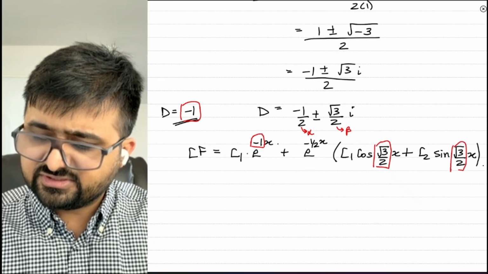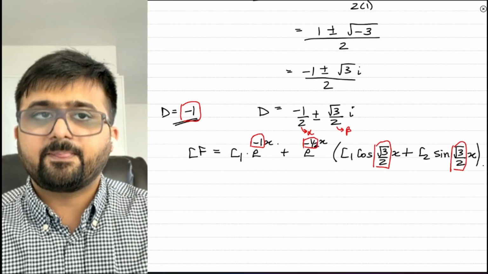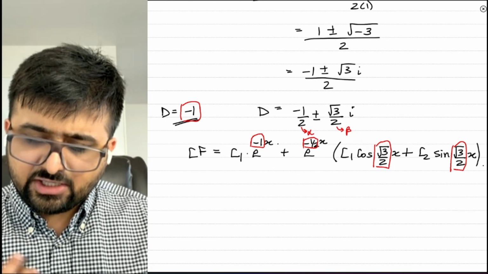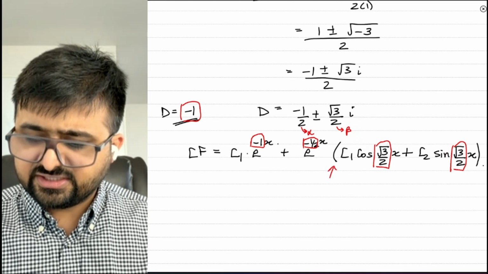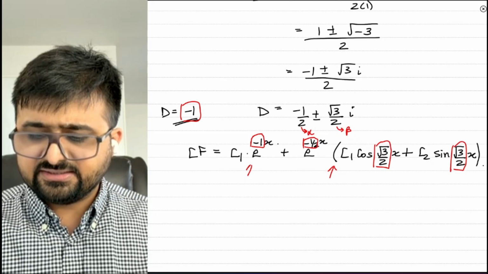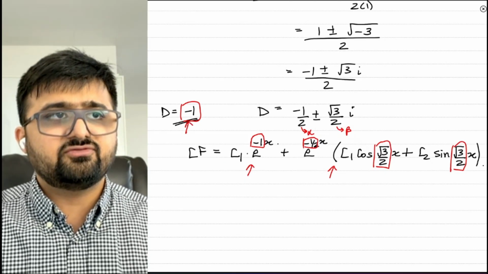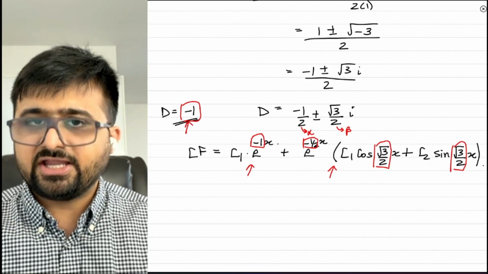This root 3 by 2 is beta, and minus half is alpha. I hope that makes sense, because that was the complex number solution, and this was the real and rational solution for D is equal to minus 1.